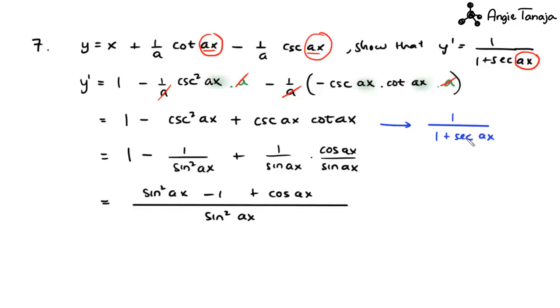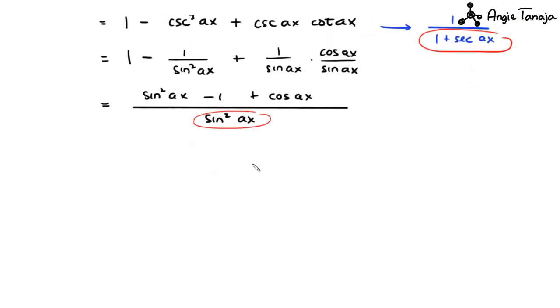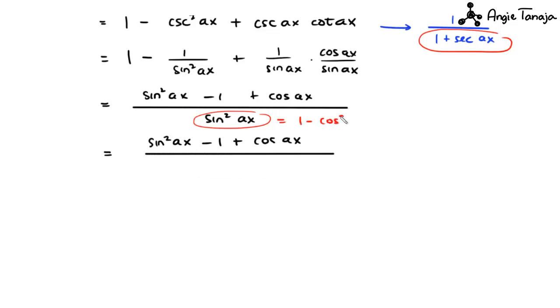It seems like we have the fraction now, but the denominator is in the form of addition, and what we have is only a product, right? So we have to think of a way to convert the denominator to be an addition or at least addition or subtraction first, not multiplication. So then we're going to utilize the identity of sine square ax, which is equivalent to 1 minus cos square ax, right?